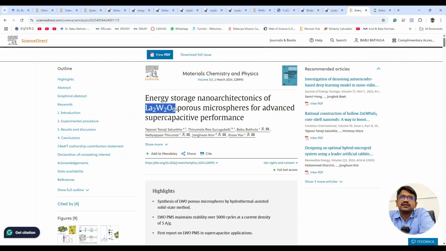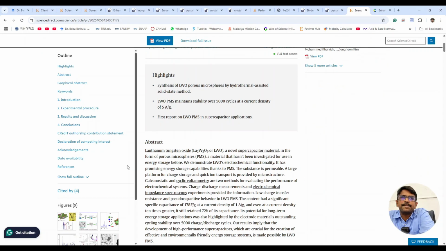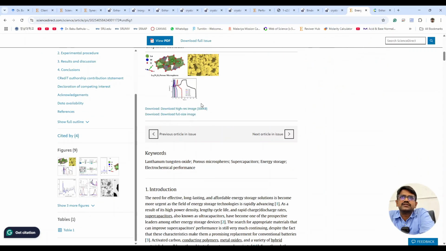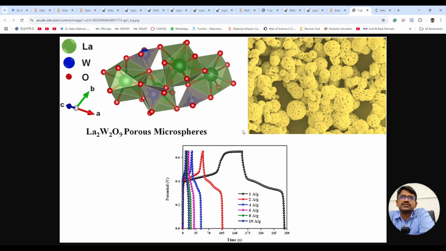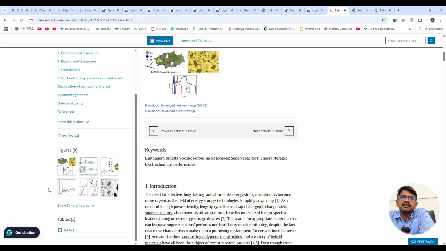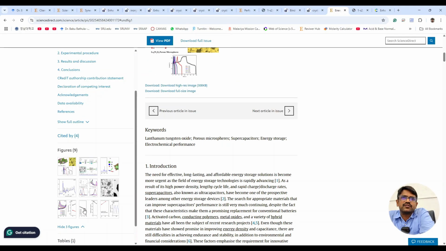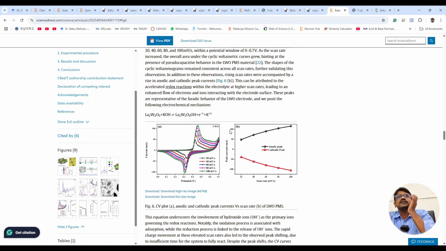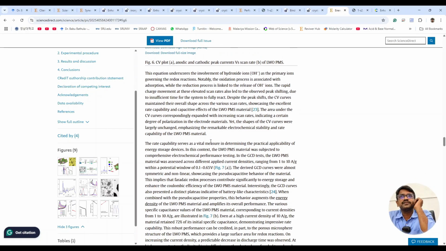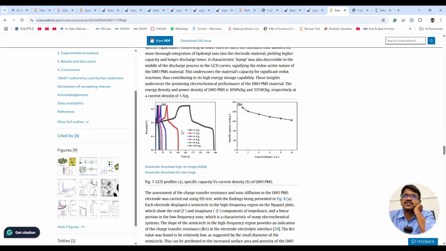This is microspheres. I have prepared this with a hydrothermal approach. See the microspheres, and how about the supercapacitor performance? Nice, right? This is the cyclic voltammetry graph, and this is charge discharge at different current densities.